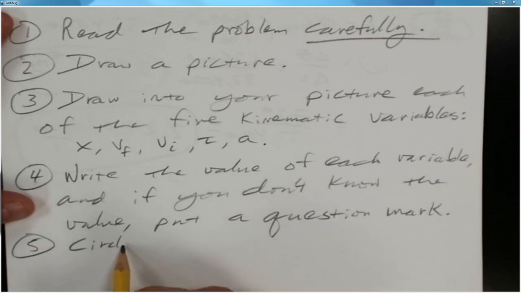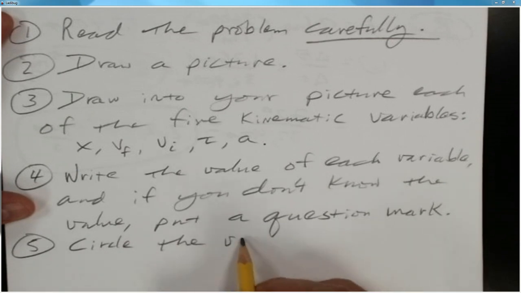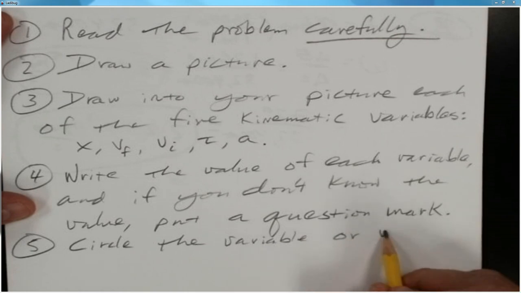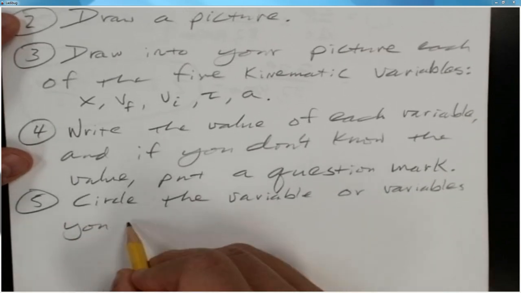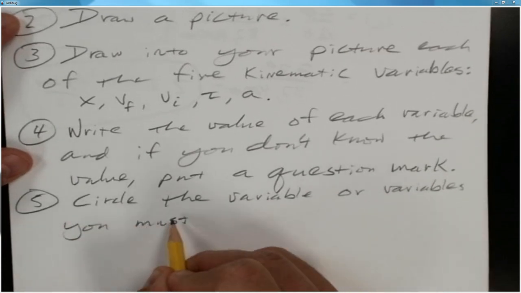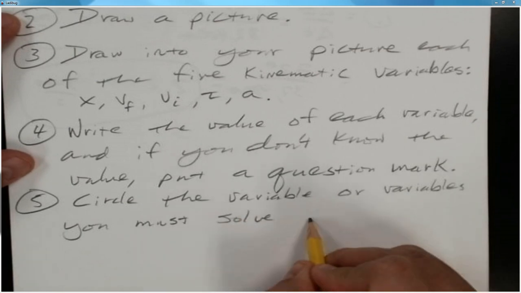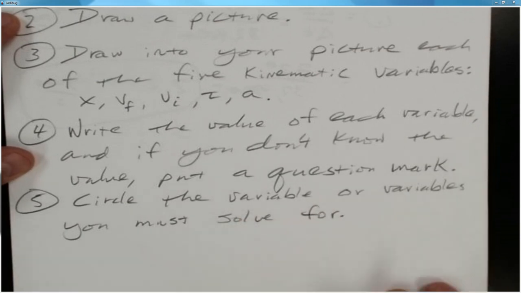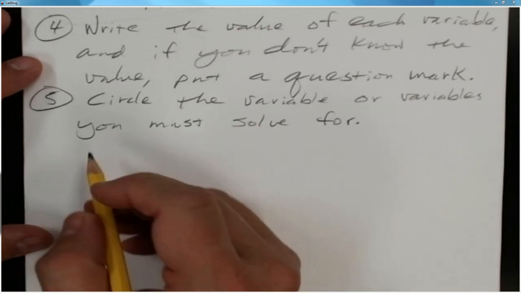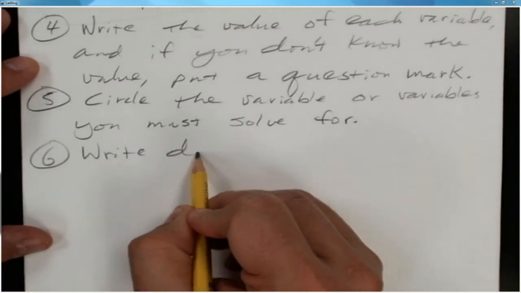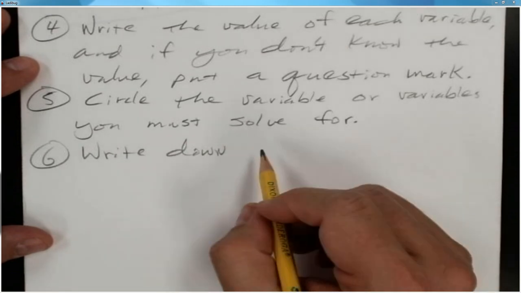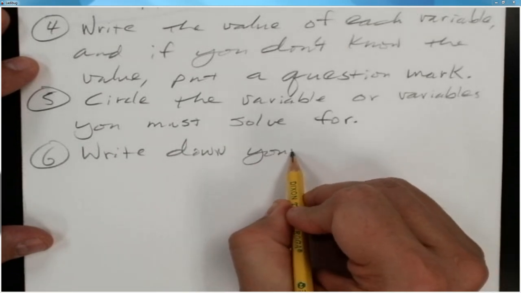Circle the variable or variables you must solve for. Write down your kinematic equations.